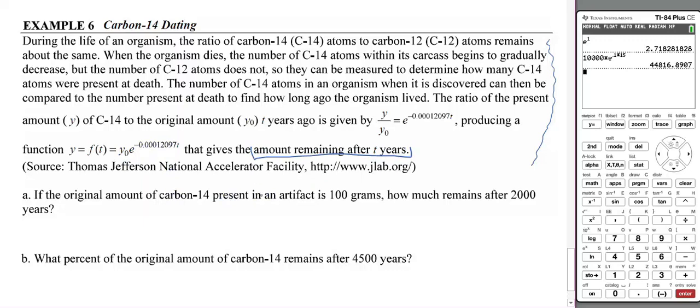So your T is years, and Y is your present amount.